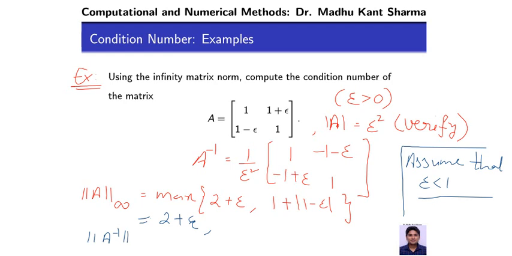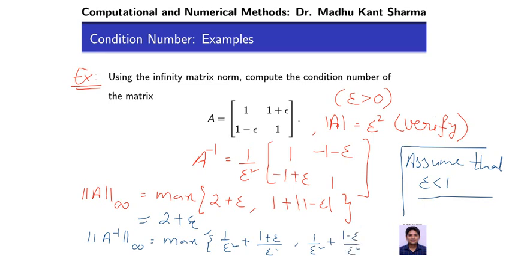That is the maximum of 1 by epsilon square plus 1 plus epsilon by epsilon square, comma, 1 by epsilon square plus 1 minus epsilon by epsilon square.